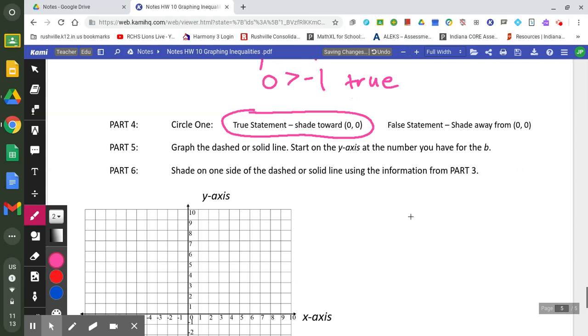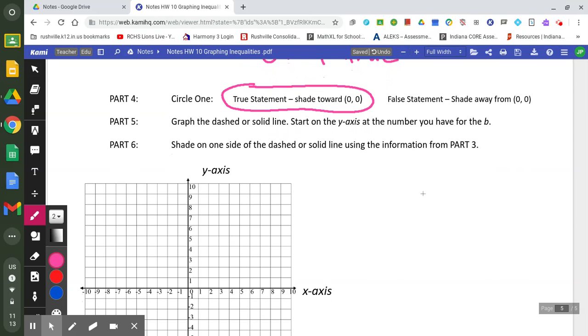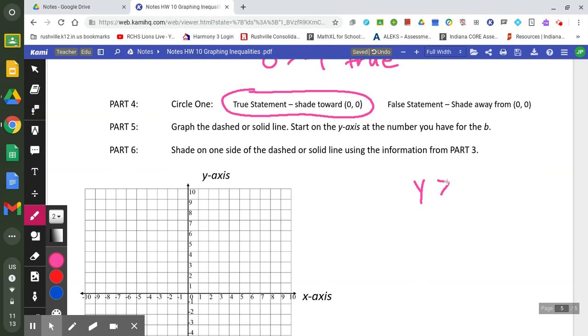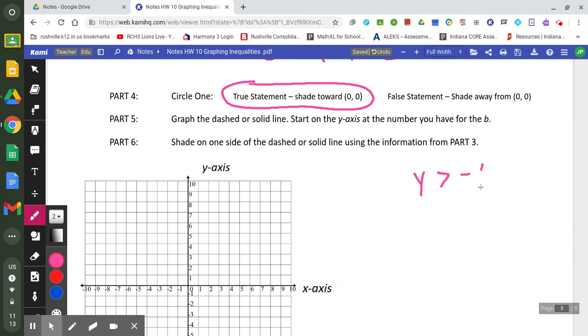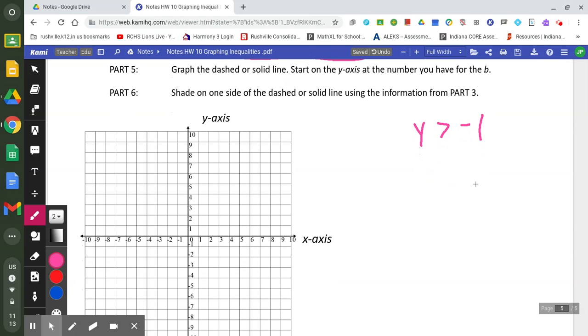So then we're ready to graph. And again, it was y is greater than -1. So this time we do start on the y-axis at -1. It's going to be a dashed line and it's horizontal.